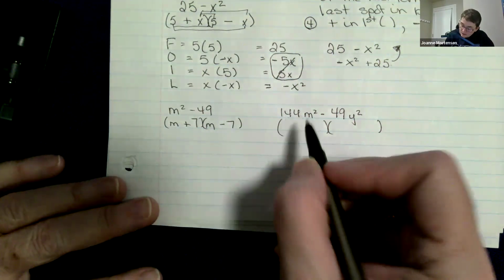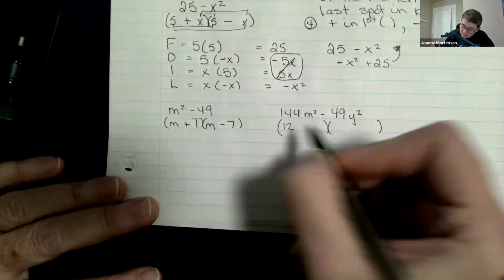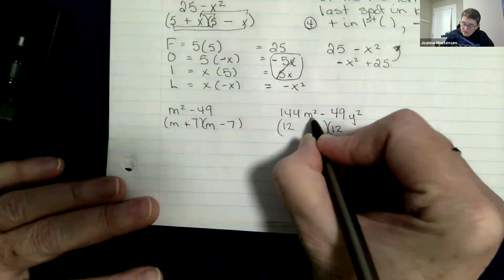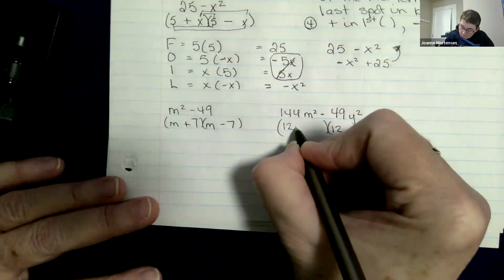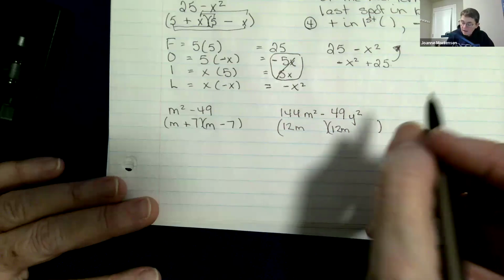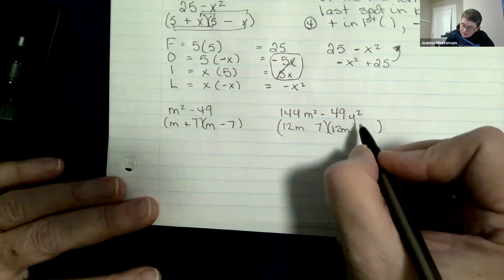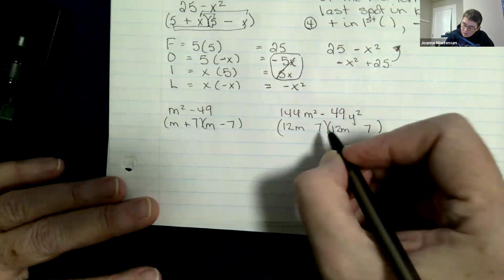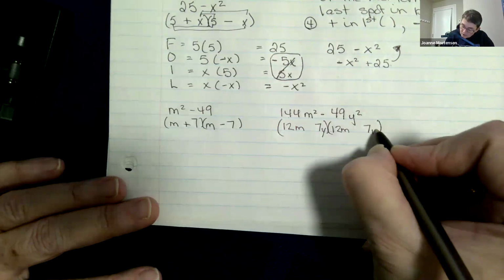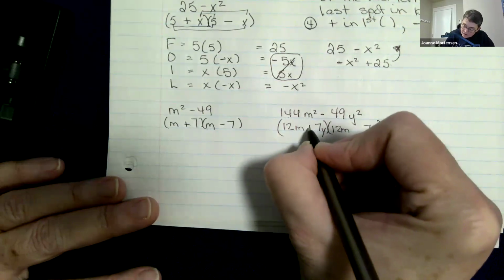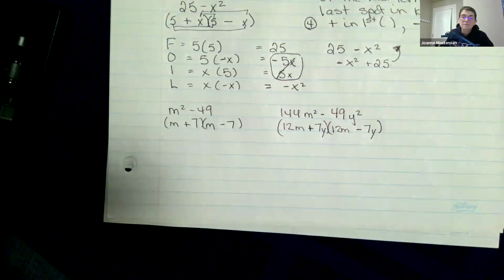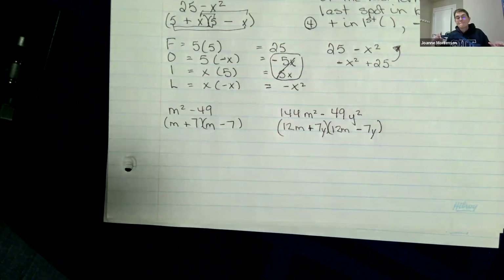So the square root of 144 is 12. But I also have an m squared there, so I'm going to need an m. Now on the back, I've got square root of 49 is going to be 7. And then I've got y squared, so 7y, and a plus, and a minus. Oh, I was done.